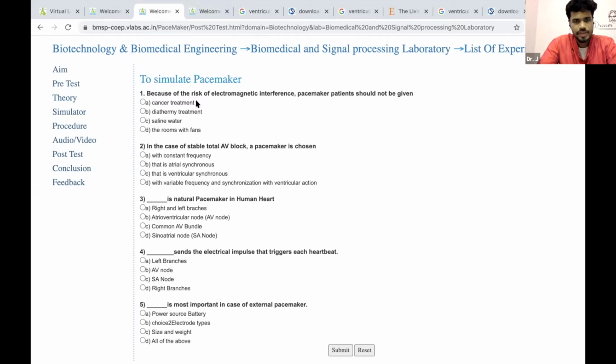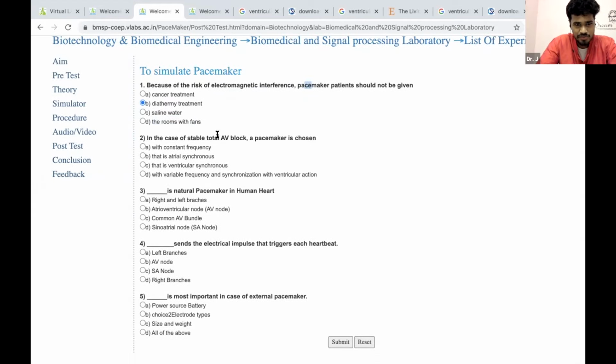So there are variations here, but diathermy specifically is heat treatment. And to generate that heat, you use electromagnetic waves. You have electromagnetic waves here, and that can easily create electromagnetic interference. Saline water, okay, you're not going to do. Rooms with fans, not an issue. Rooms with MRI emissions typically are an issue with, at least older pacemakers, many generations of pacemakers.